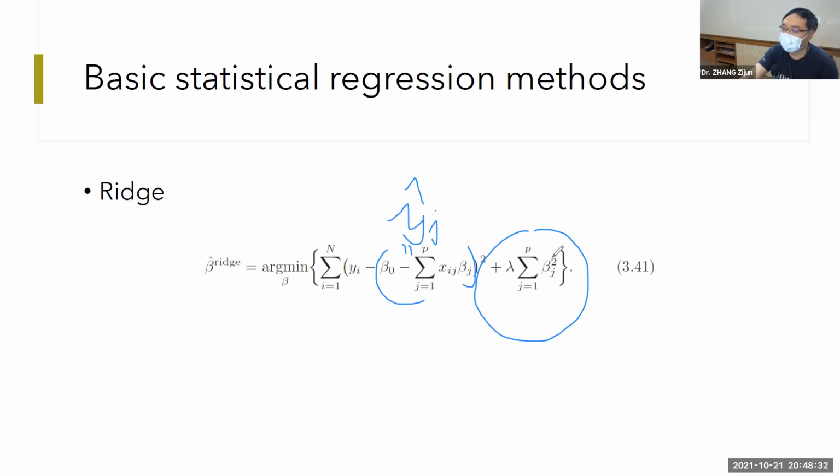We want to penalize the beta j which contributes less to the fitting of the linear model. And such a penalty can be useful if the betas cancel out due to collinearity, okay. So in general, ridge regression is to deal with the collinearity issue.